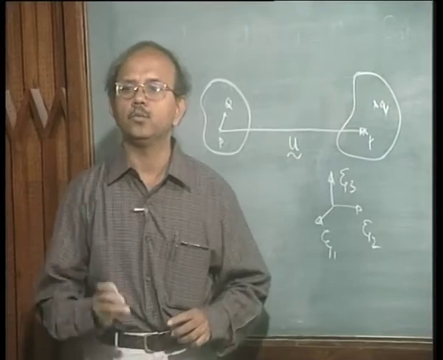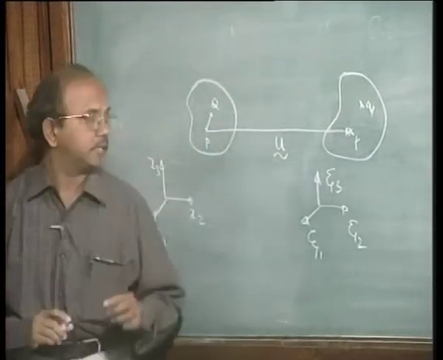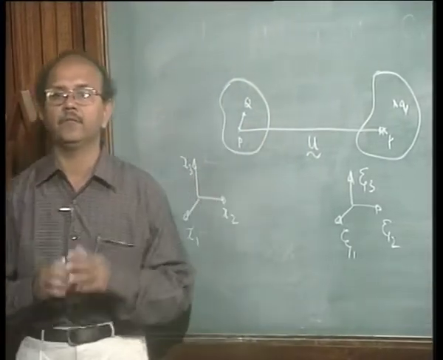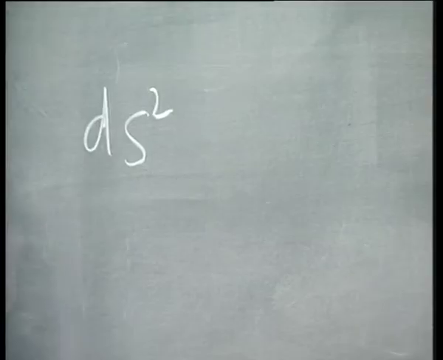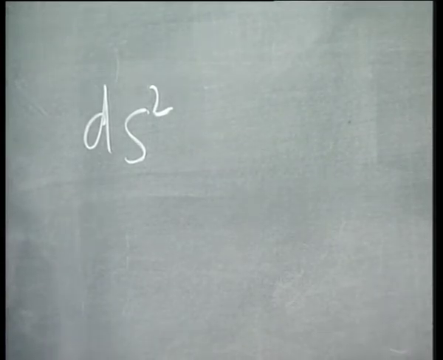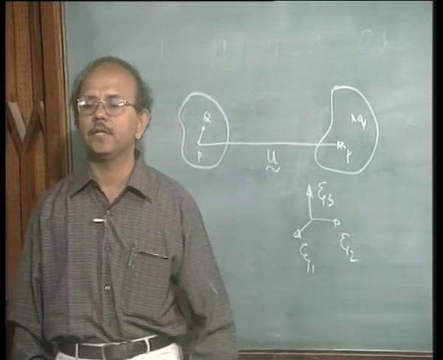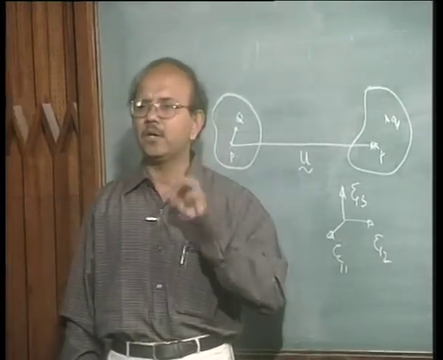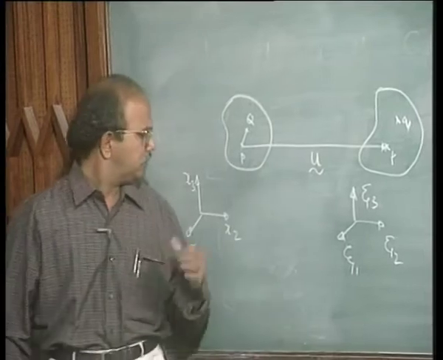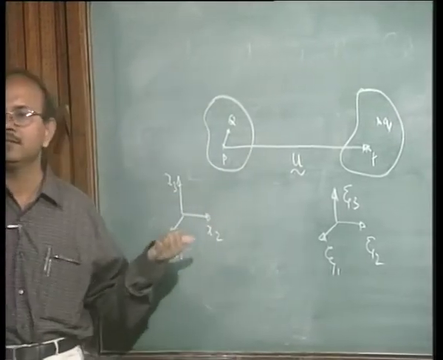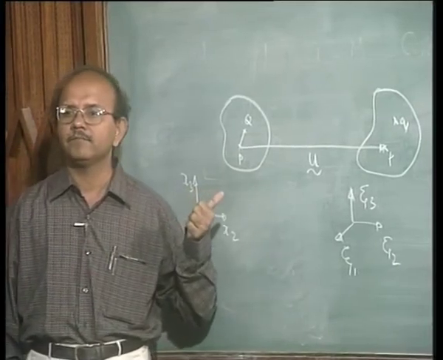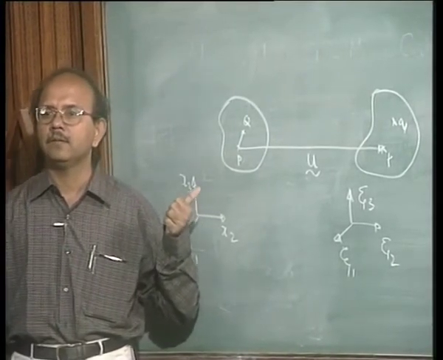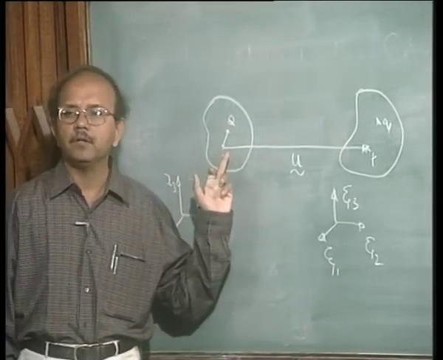Let me write down capital P capital Q, the original line segment which is here, and the square of its length to be ds squared. Is it clear? That is the square of its length. Now what is ds squared? How do I find out ds squared? It's very simple.